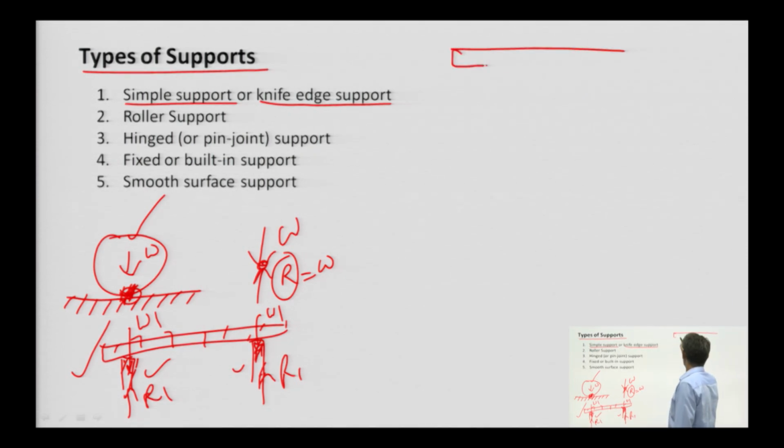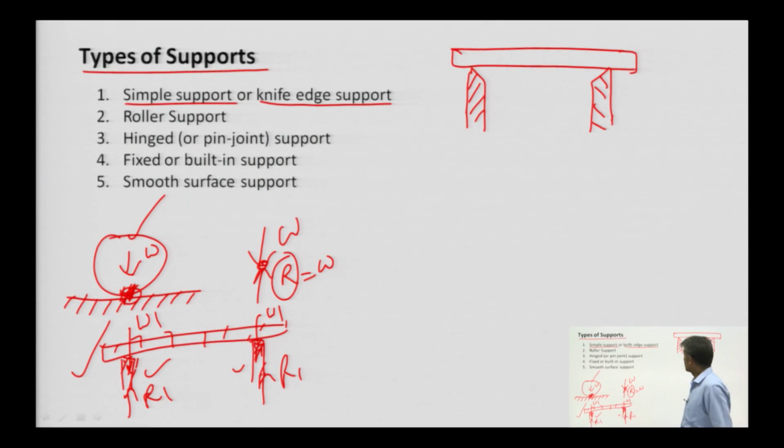If this horizontal bar is placed in this fashion, then it is simply supported. You can easily uplift this horizontal bar, it is simply placed, and this type of support is simple support, or you can say knife edge support.